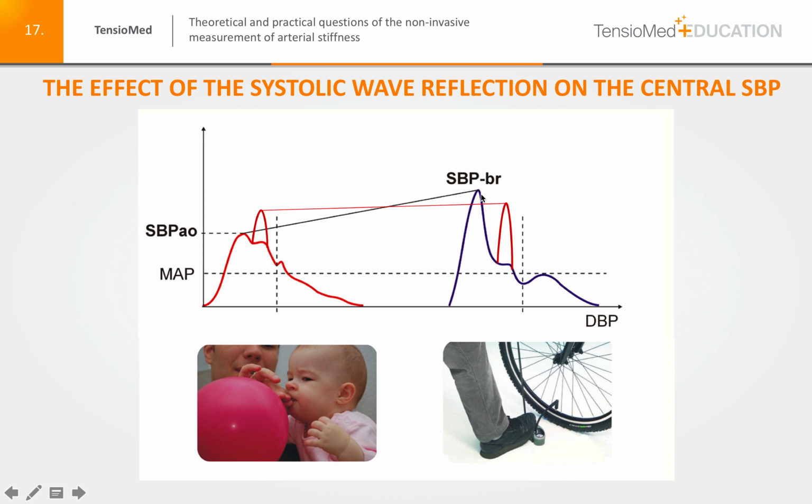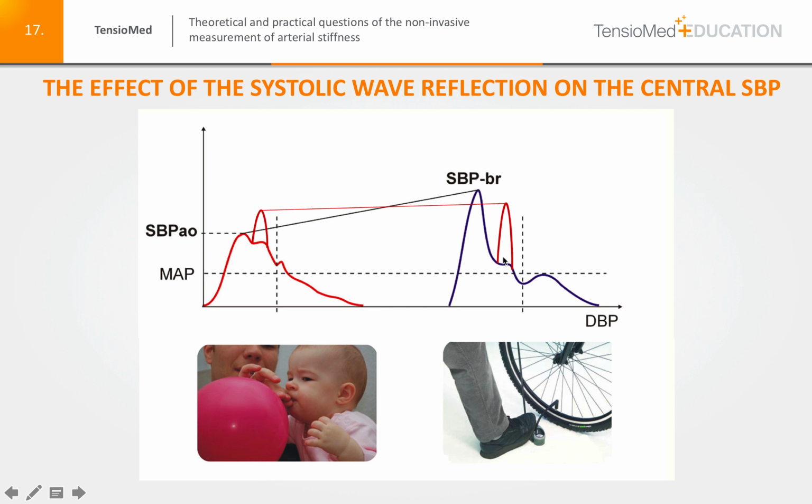This cannot be seen in the brachial peripheral artery, because the first wave, due to the physiologically increased systolic blood pressure in the periphery, is higher. So the highest pressure in the brachial artery will be created by the first wave, while in the aorta it will be created by the second systolic wave.